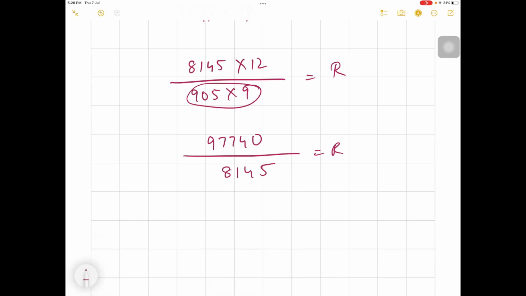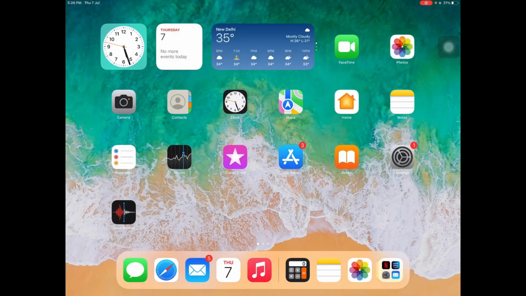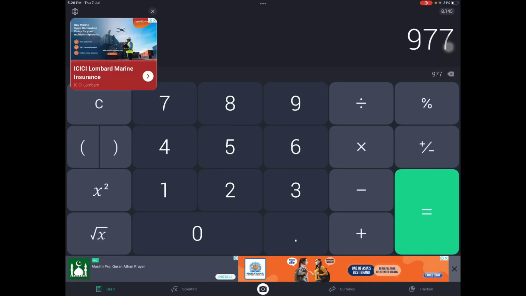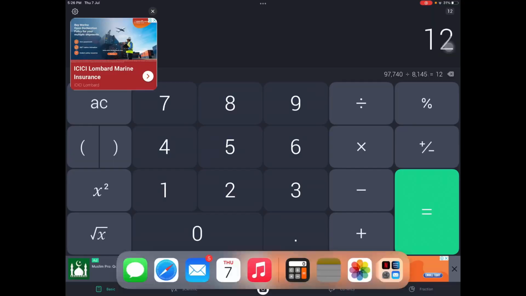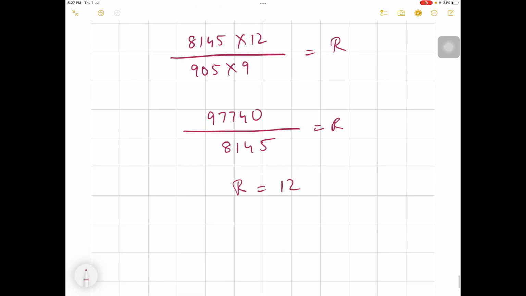So 97740 divided by 8145 is equal to 12. So R is equal to 12. So rate of interest is 12%.